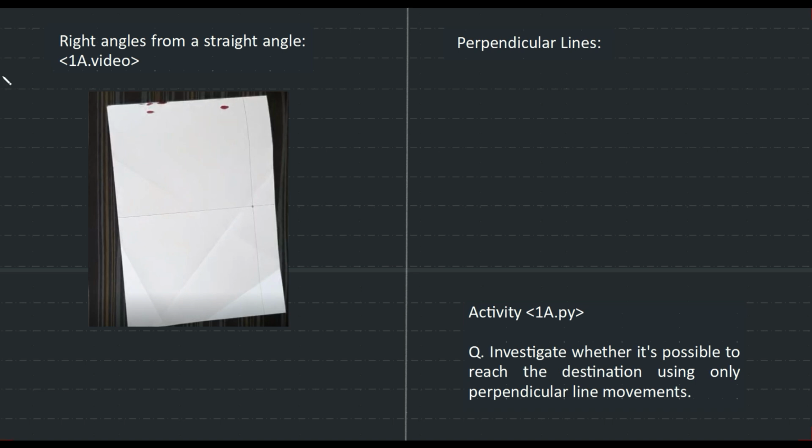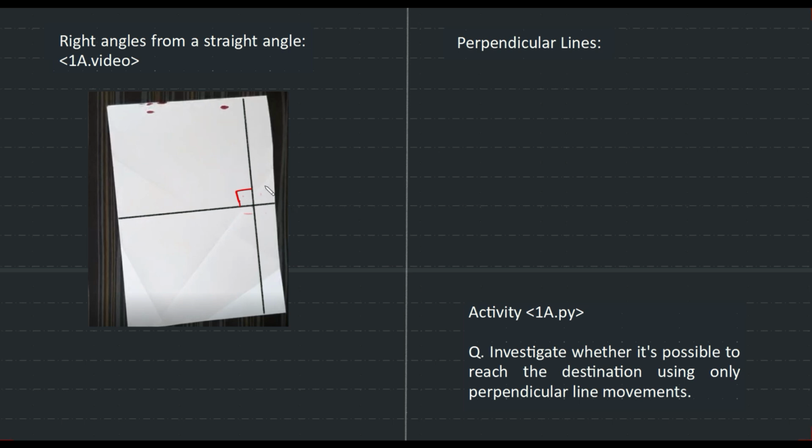Right, so let me redraw those lines. So this is a first straight line. This is a second straight line. The angle between them, there are actually 4 angles, but all the angles will measure 90 degree. That is, they are right angles.